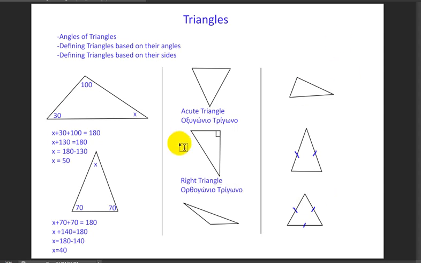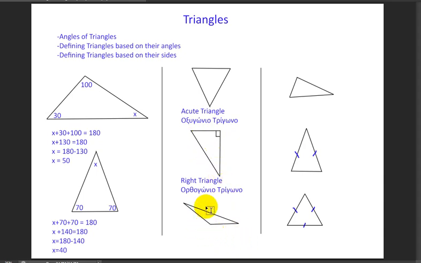So if we had, let's say, 2 right angles in a triangle, then that would be 90 plus 90, which would make 180. But then the third angle, if I added that as well, would make the total more than 180, definitely. It can't be 0. That has no meaning. I wouldn't have a triangle like that. So if you have a right triangle, then it definitely must have 1 right angle and 2 acute angles. If you look at these 2 angles, they're definitely acute.